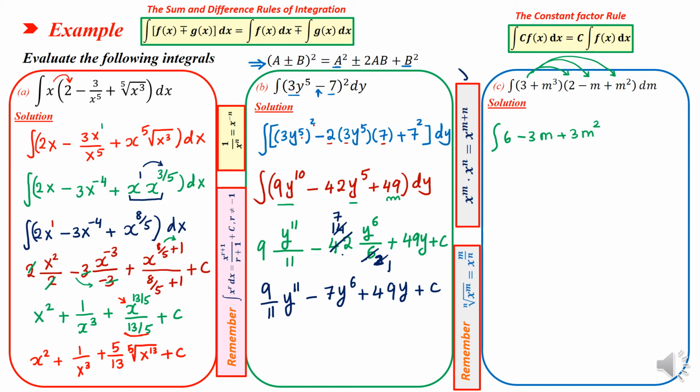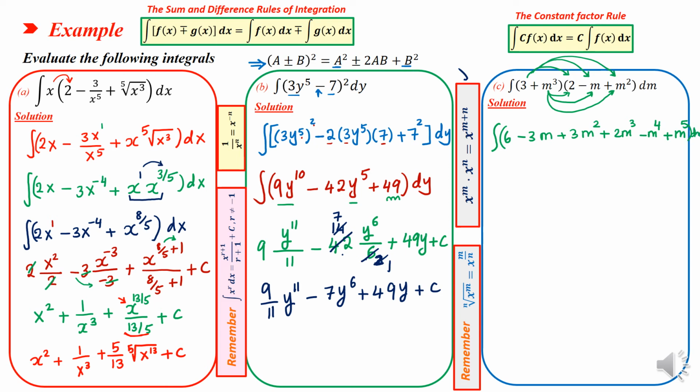Then you have to multiply the second term, m cubed, by 2, you will get 2m cubed, and m cubed multiplied by negative m will be negative m to the 4th power, and m cubed multiplied by m squared will be m to the 5th power dm. So our variable is m, not x, not y.